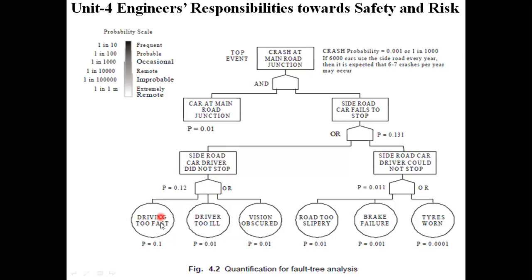దిస్ డ్రైవింగ్ టూ ఫాస్ట్ ప్రాబిలిటీ ఈస్ 0.1. నెక్స్ట్ వన్ ఈస్ డ్రైవర్ టూ ఇల్, దిస్ ప్రాబిలిటీ ఈస్ 0.01. ఇది రేర్ కేస్. విజన్ అబ్స్కార్డ్ కూడా దిస్ ఈస్ ఆల్సో రేర్ కేస్. దట్ ప్రాబిలిటీ ఈస్ p ఈజ్ ఈక్వల్ టు 0.01.